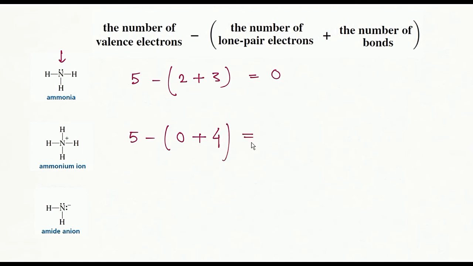If we calculate this, we will get plus 1. The last one is the amide ion. In this case, the number of lone pair electrons is 4, plus the number of bonds, that is 2, and this gives us minus 1 formal charge.